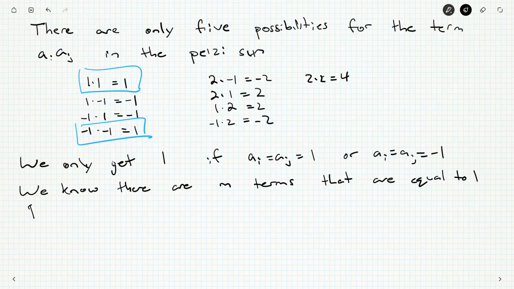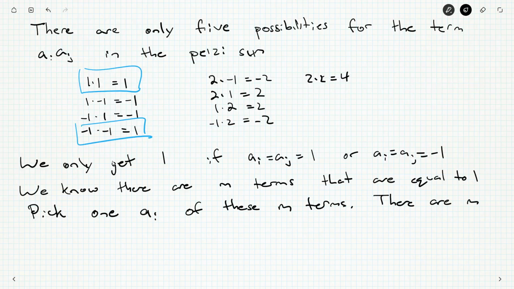Okay. So to make a product of 1, pick one a_i of these m terms. Okay. There are m possible choices for i.